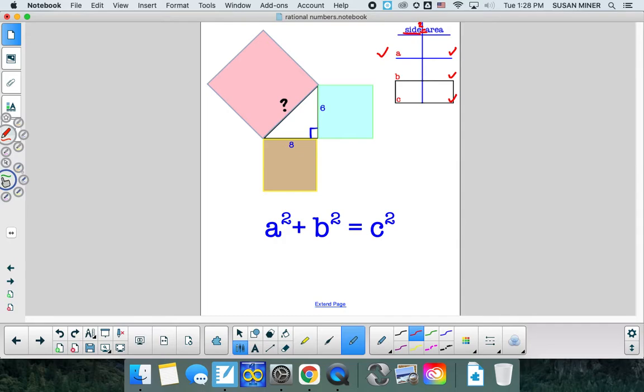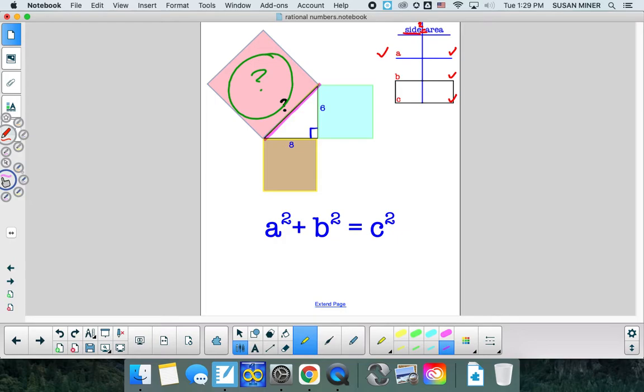So I want to know what the area of this big square is. I don't know. It's a question mark, right? I also want to know what this side length right here is. What is that side length on my triangle? I'm going to change colors here. I'm going to make this one pink. What is that side length right there? I don't know. So I'm going to find the area and the side length.